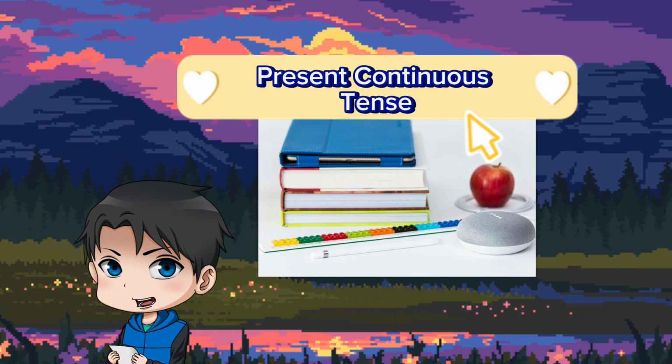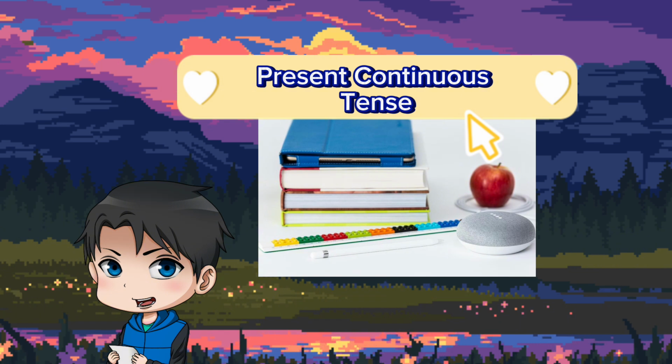To recognize that a sentence is a present continuous tense or present progressive tense, there are several characteristics that we can observe. One of the characteristics of present continuous tense is that the sentence uses to be is, am, are, and the base verb plus ing, or being.